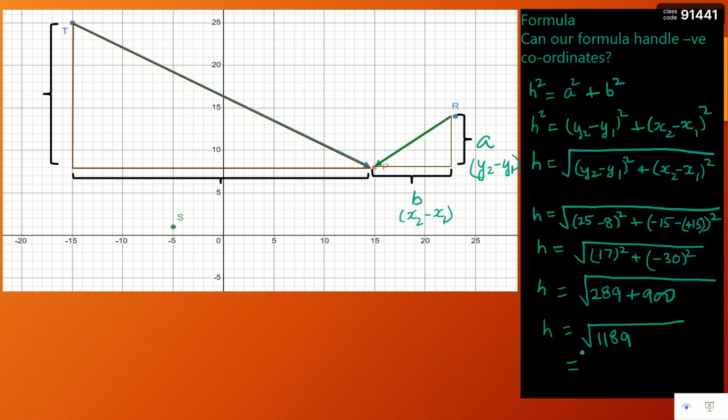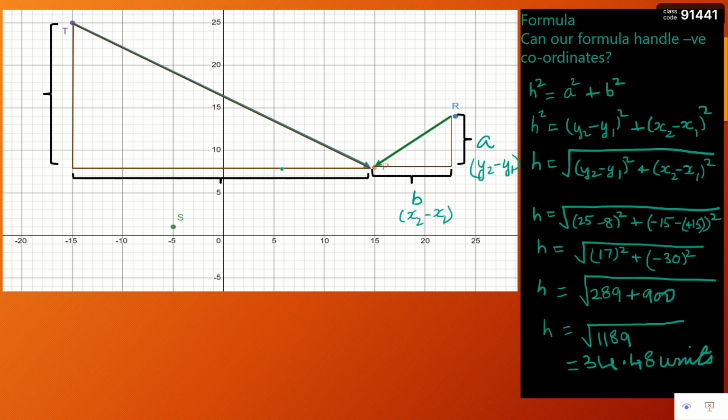And if I'm not mistaken, the square root of this is something around 34.48 units. Not a pretty number, unlike previous times, but if you measure it, you'll actually find that this length is 34.48 units. So I just want you to have a look at one thing.